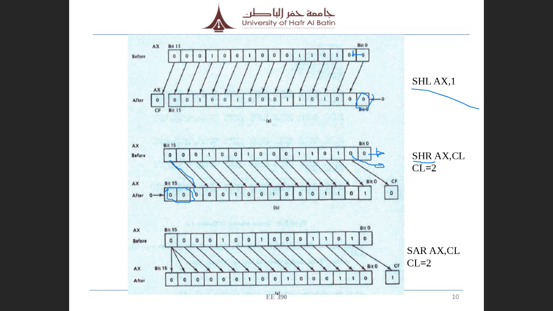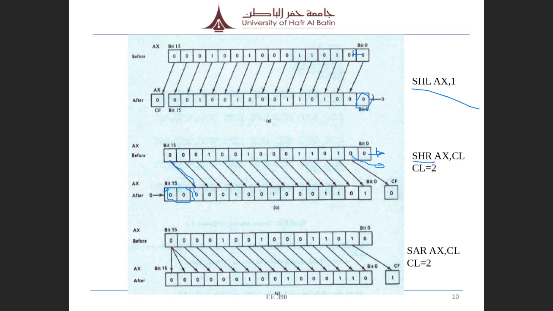Okay, but now what is shift arithmetic right? Let's have a look here. Shift arithmetic right AX comma CL, and if CL is 2, that means 2 shifts right arithmetic. So what happened?